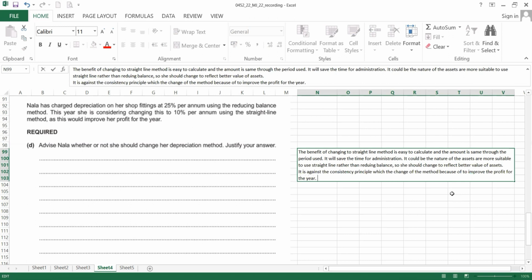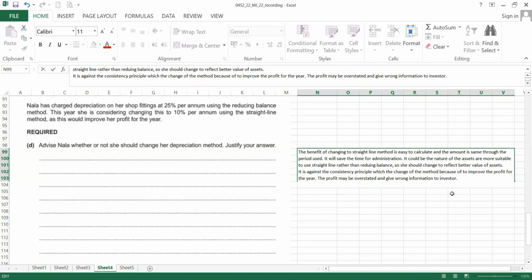Okay, so this is not allowed. Then after that, the profit may be overstated and give wrong information to investors. So these are the possible reasons for the advantage and disadvantage.